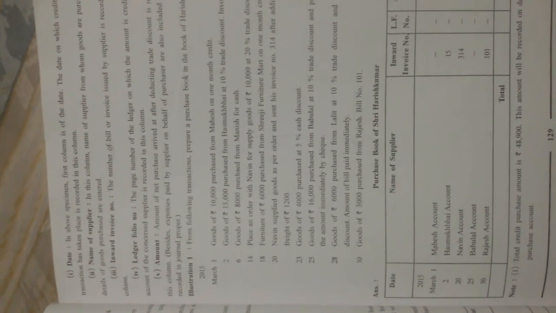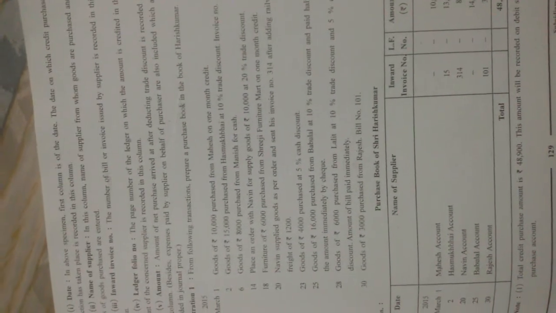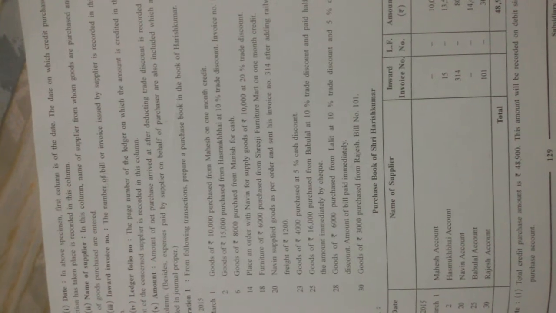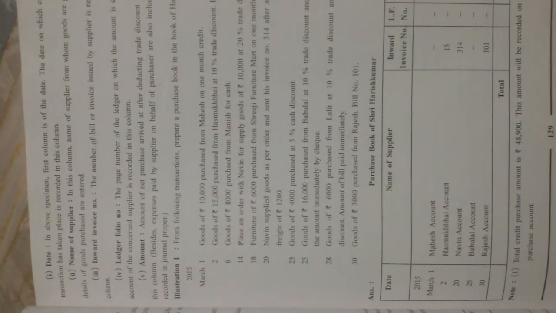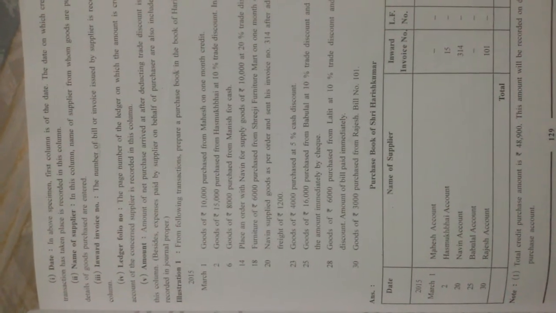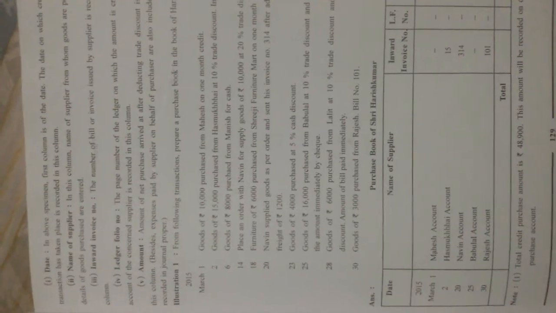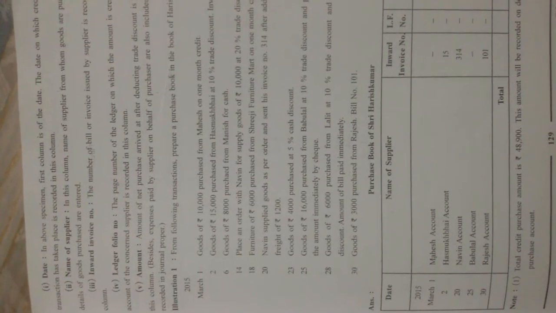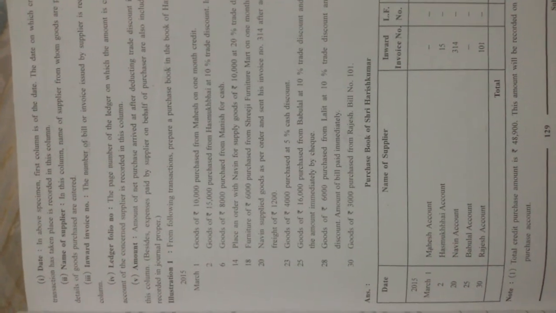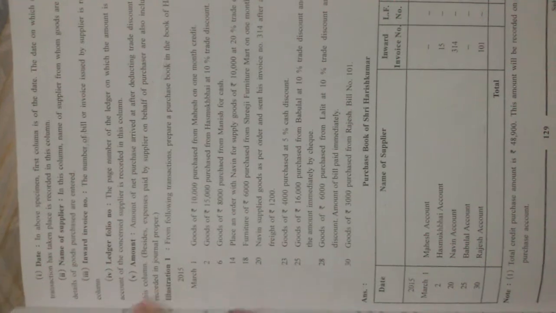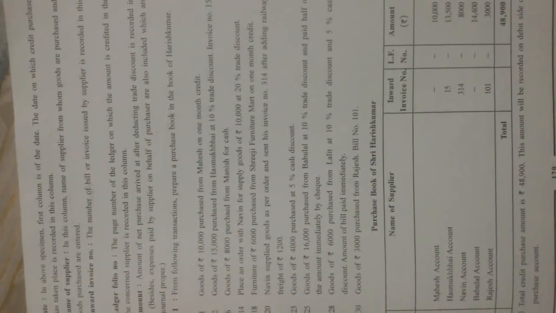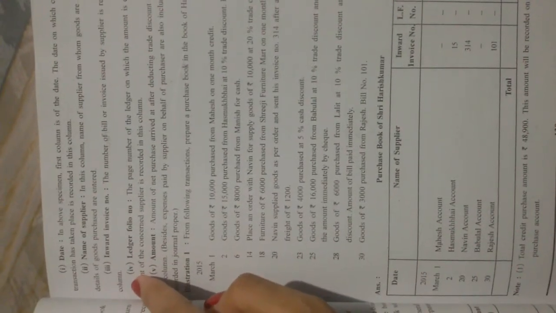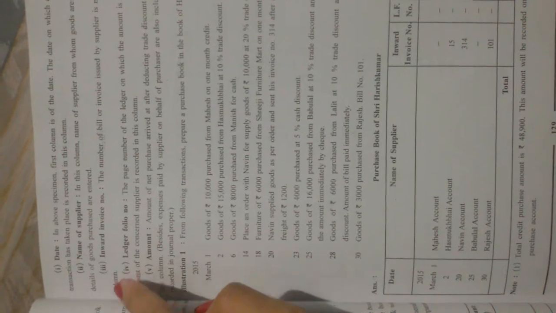Then in the name of the supplier column, the name of the supplier from whom the goods are purchased and details of goods purchased are entered. So from whom the businessman is purchasing, that supplier's name you have to write in this column. Then in the inward invoice number column, the number of the bill or invoice issued by the supplier is recorded.